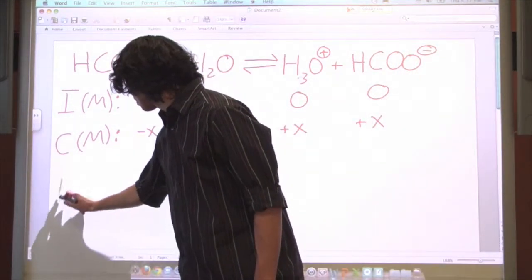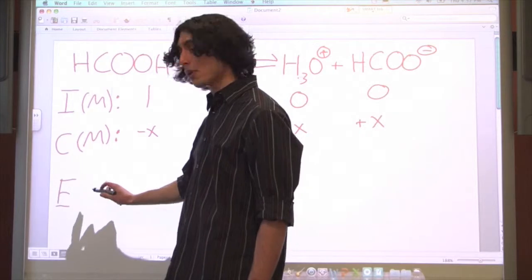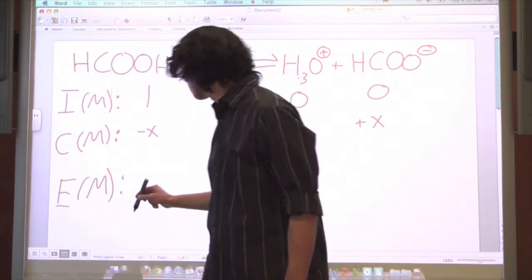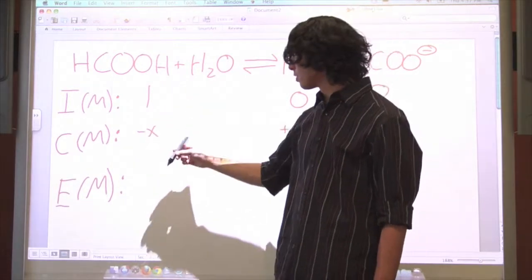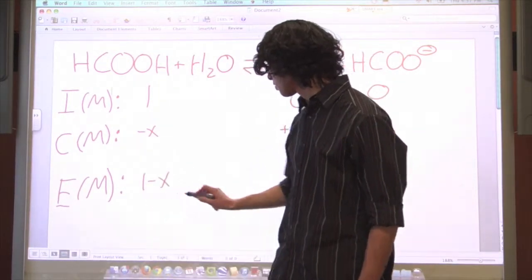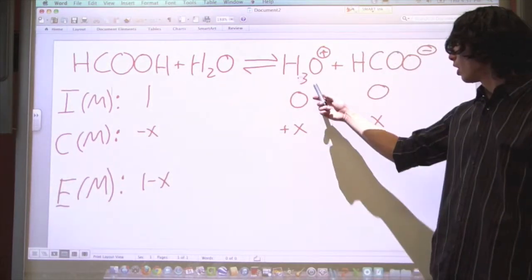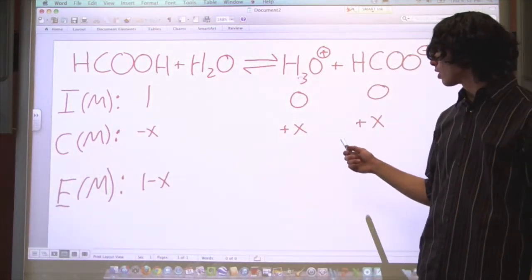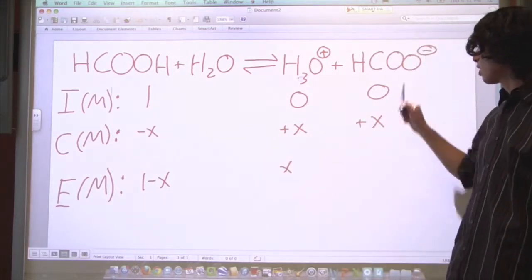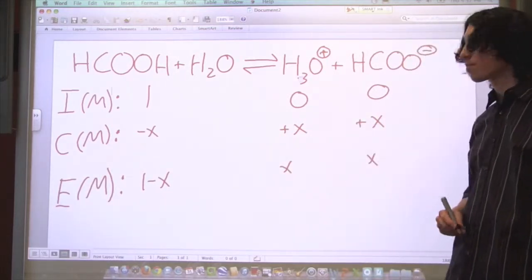And finally, the equilibrium in molar of the formic acid, we start at 1, we lose x, 1 minus x. With the hydronium, we start at 0 plus x is x, and same for the formate ions.